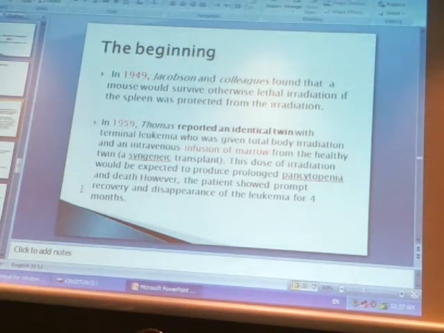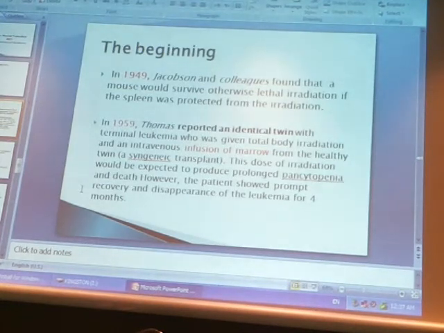And they noticed that when you expose a mouse and just cover the spleen, the bone marrow starts dividing and getting new cells. So it's very simple.